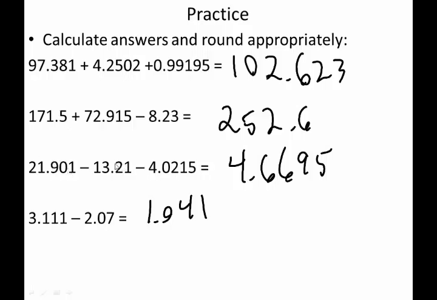Hundredths is going to be the largest uncertainty, so we round off to 4.67. And finally, 3.111, so this goes out to the thousandths, this goes out to the hundredths, we round off to the hundredths. Okay? So, the rounding rules tell you how to round. The significant figures and calculations rules tell you where to round.